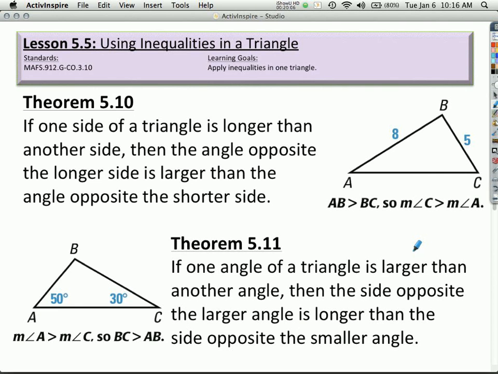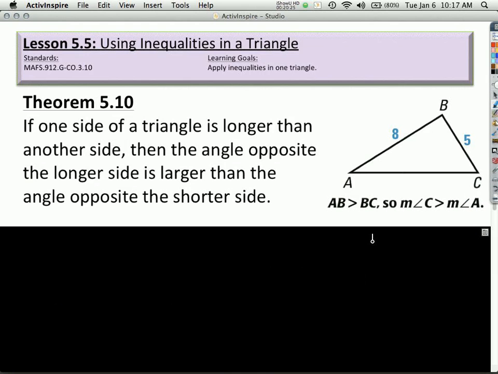In Theorem 5.10, if one side of a triangle is longer than another, then the angle opposite the longer side is going to be larger than the angle opposite the shorter. So let me hide this for a second so we don't get too overwhelmed. So here we have a side that's 8 units long, and here's one that's 5 units long.